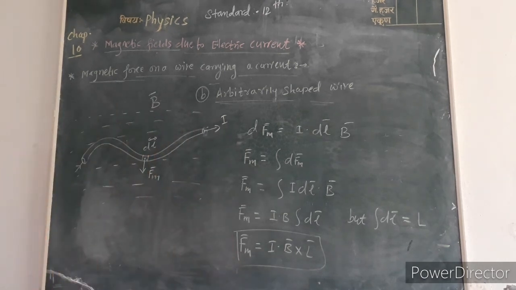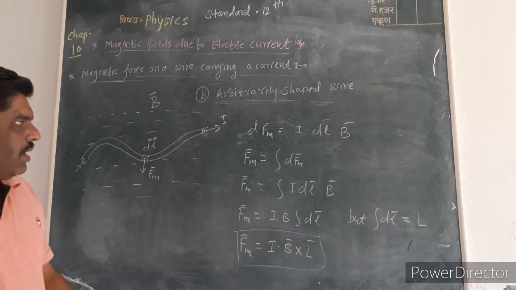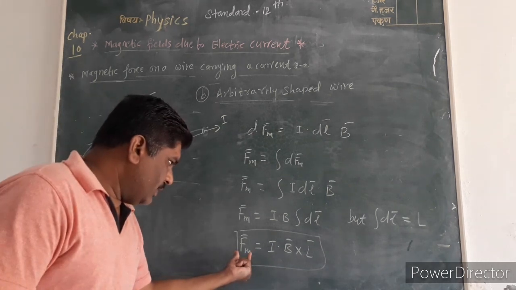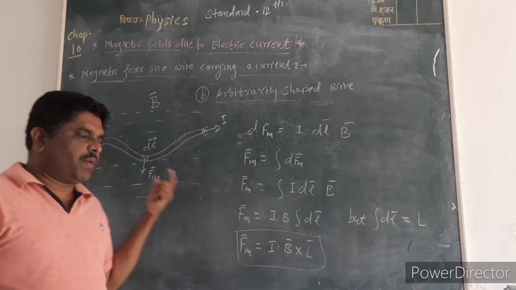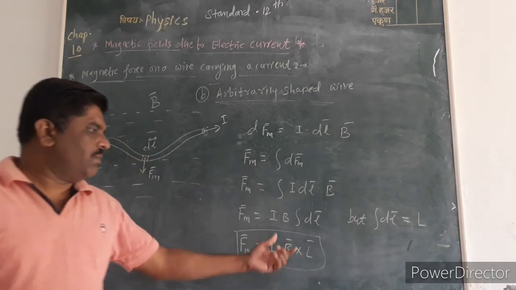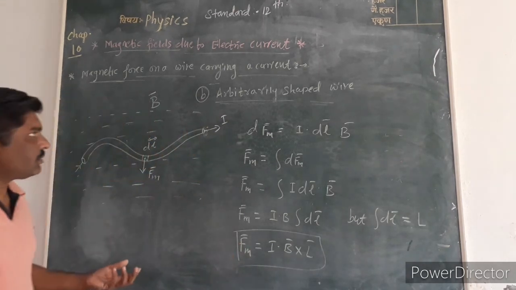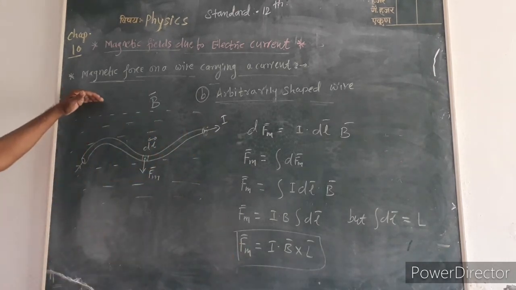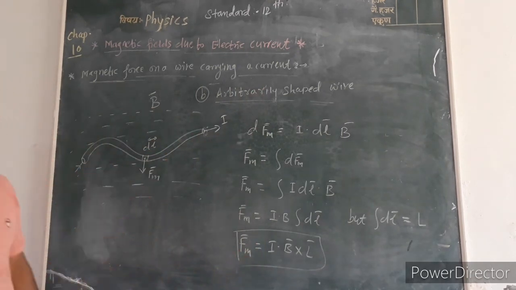This is the magnetic force acting on this wire when the wire is arbitrarily shaped, where Fm bar means magnetic force, I means current passing through this wire, B bar means magnetic field, and L means total length of this wire. In both cases, straight wire or arbitrarily shaped wire, the same force acts on the wire.